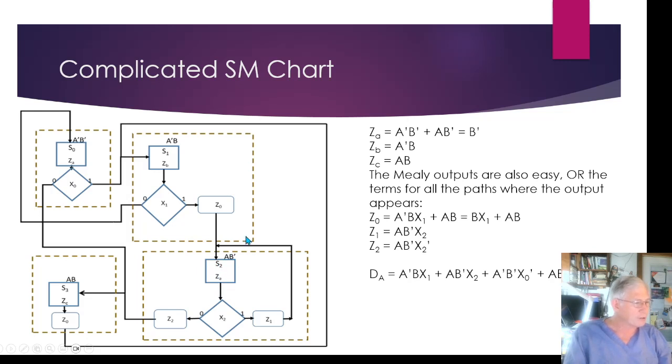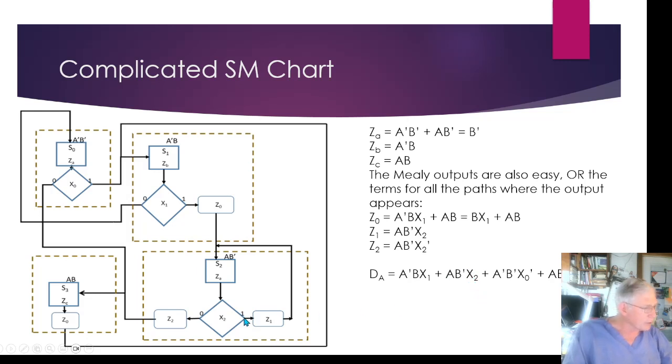So that's 2 paths into S2 accounted for, and now we have to account for 2 paths into S3. One comes from S0, so that would be A prime B prime X0 prime, and the other one comes from S2, so that would be A B prime X2 prime.